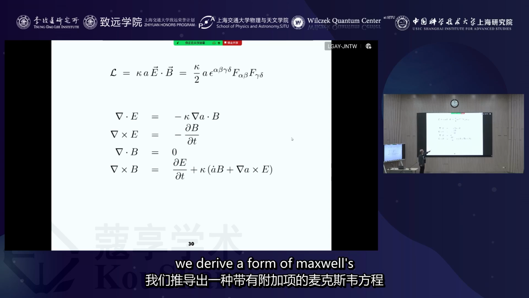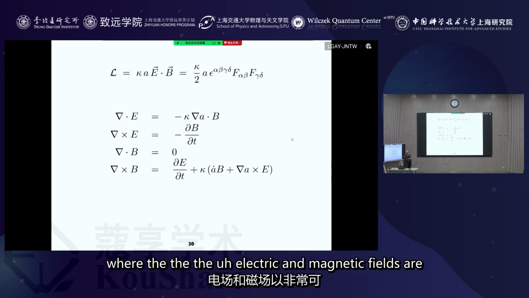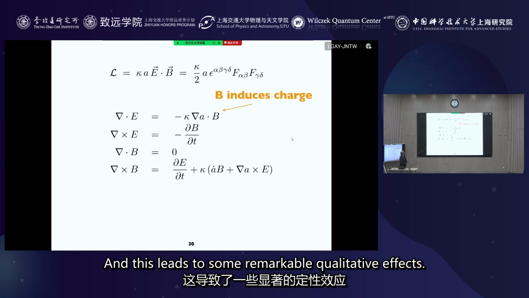So from this, we derive a form of Maxwell's equations with additional terms, where the electric and magnetic fields are driven or coupled to axions in very predictable ways. And this leads to some remarkable qualitative effects.